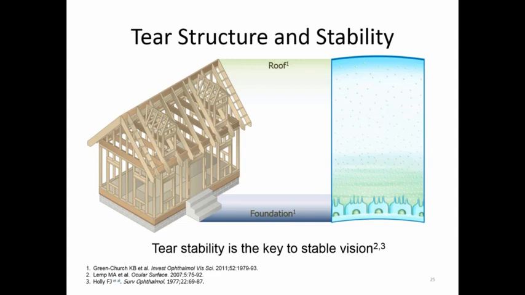So for patients, I use the house analogy, and I explain that the cornea, very much like the skin, is essentially hydrophobic. I don't use the term hydrophobic, but I tell them it repels water, and it wouldn't be very effective in maintaining the tears structurally and in contact with our eye. So we have a layer that transforms this hydrophobic surface into one that's water-loving and helps hold the tears in place, helps maintain tear film stability.